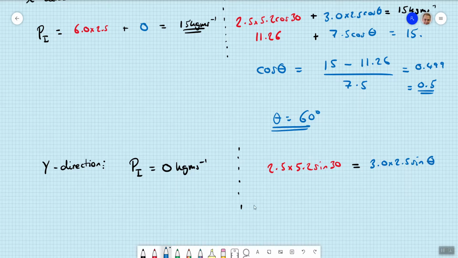So 2.5 times 5.2 times sine of 30 comes out as 6.5. So I end up with 6.5 over 7.5 is equal to sine of theta. And if I do that again, 6.5 over 7.5, inverse sine, I get 60 degrees again. Excellent. So theta is equal to 60 degrees.